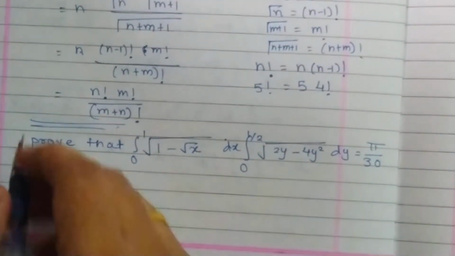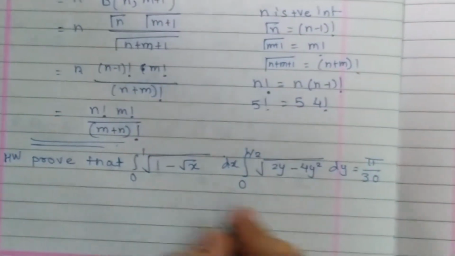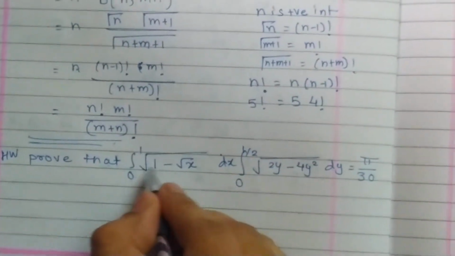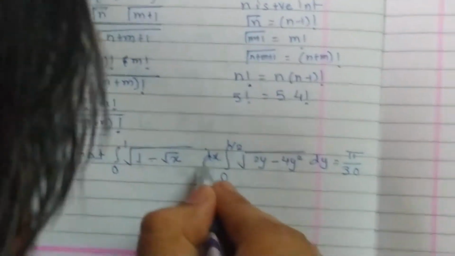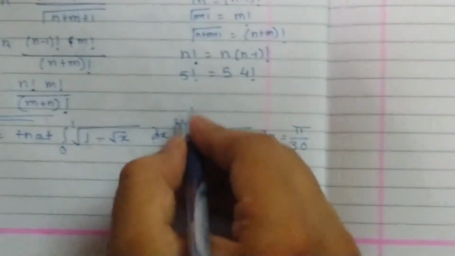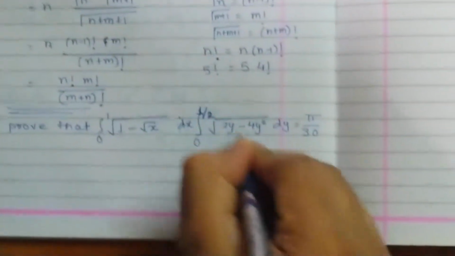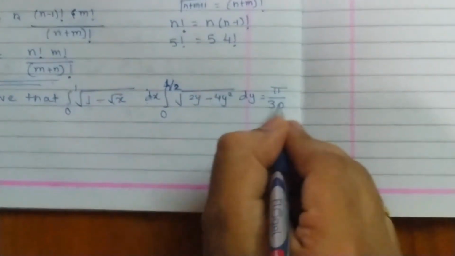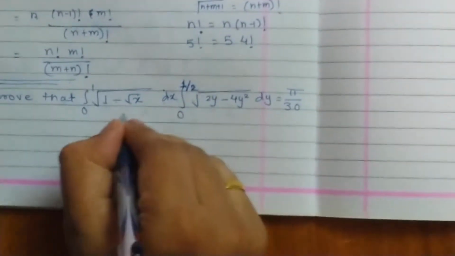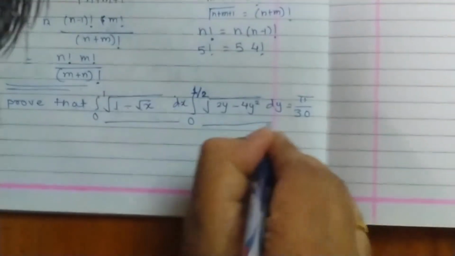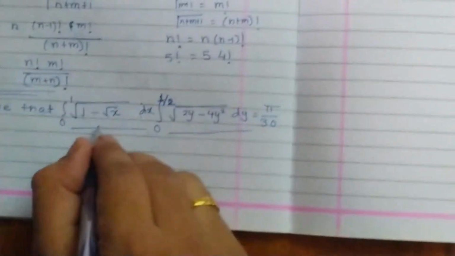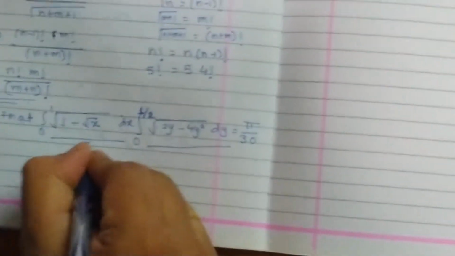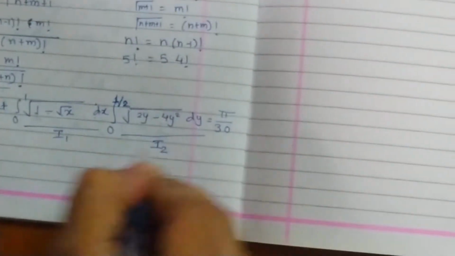I am giving this question as homework for you: the integration from 0 to 1 of square root of (1 minus root x) dx, times the integration from 0 to 1 by 2 of square root of (2y minus 4y square) dy, is pi upon 30. What I am doing is dividing these into two integrals, I1 and I2.